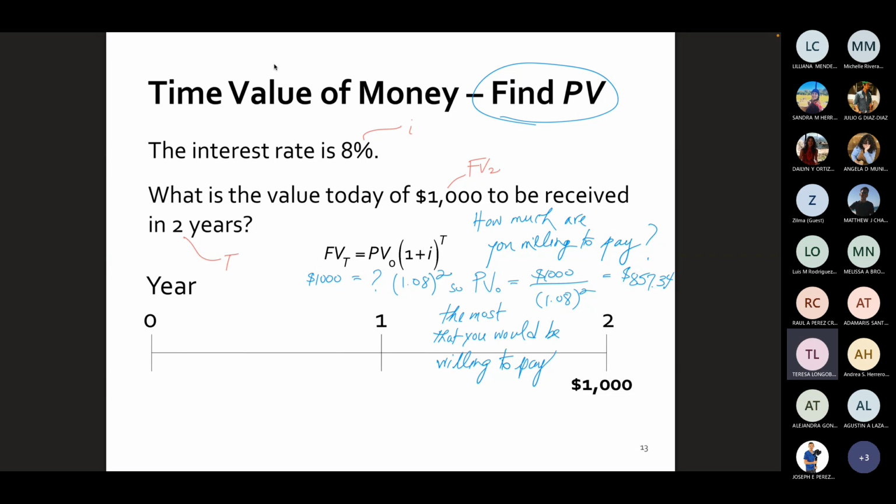That's one way to look at this, okay? Where I say, $1,000 in 2 years is worth 857.34. So now we have an equivalency over time. $1,000 in 2 years is worth 857.34 today.